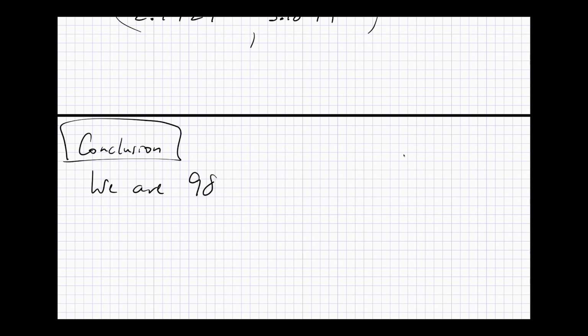We are 98% confident that the true mean, we go to our population parameter, which is the first thing we did. We literally cut and paste.